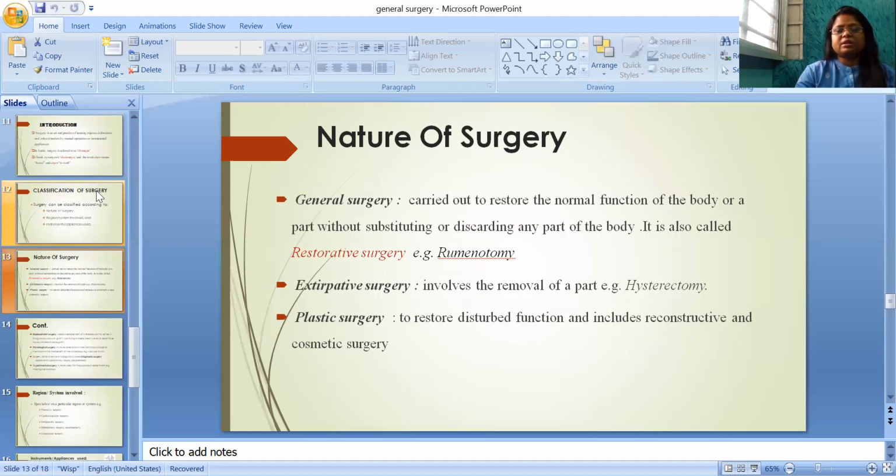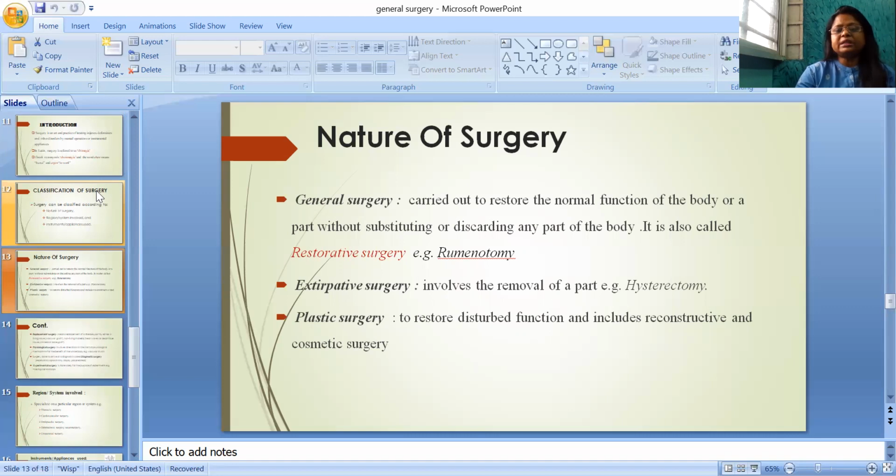You restore the function of the affected part without discarding or substituting any part. Example, rumenotomy. In rumenotomy, you can't discard any part of the rumen, and you can't add any part to the rumen. That is general surgery.